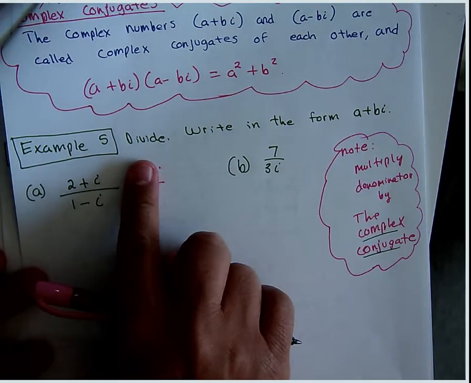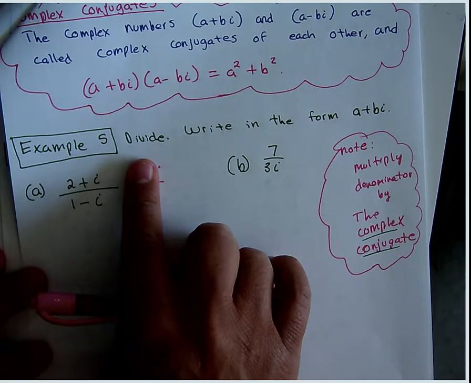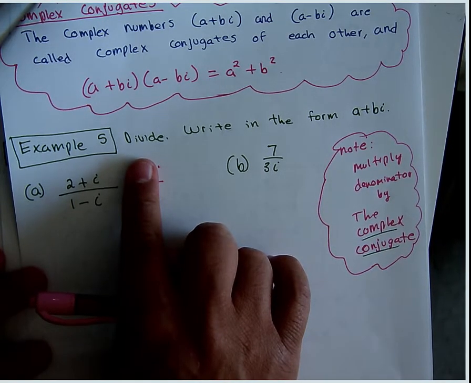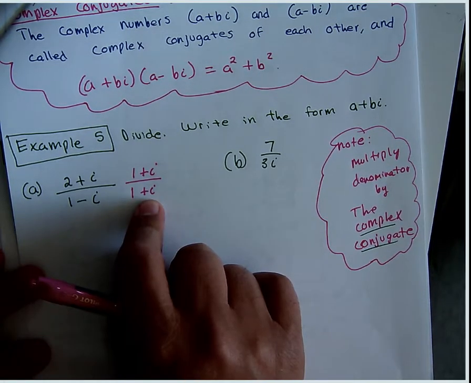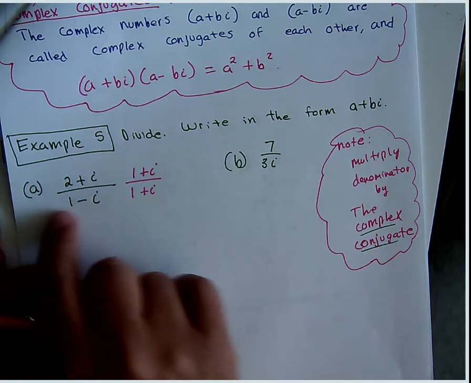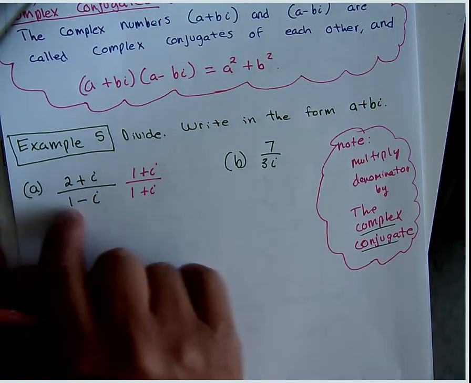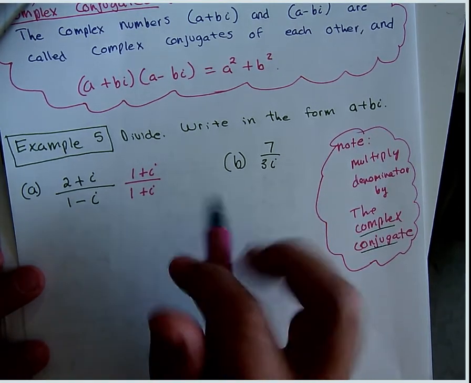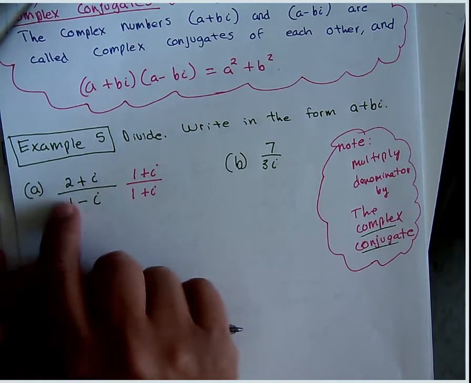You can't just divide by regular division. You have to adjust it by multiplying by the complex conjugate in order to get rid of that complex number in the denominator. So that's what we are trying to do. We're multiplying by that conjugate to eliminate the imaginary part here in the denominator.